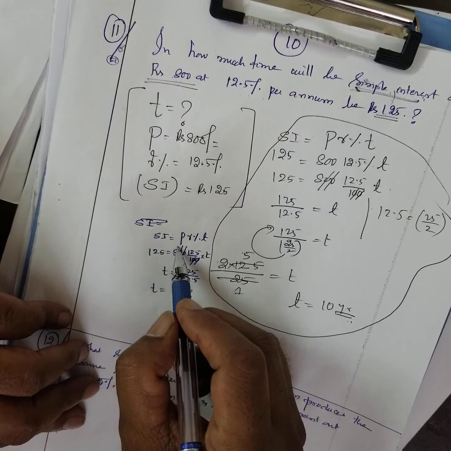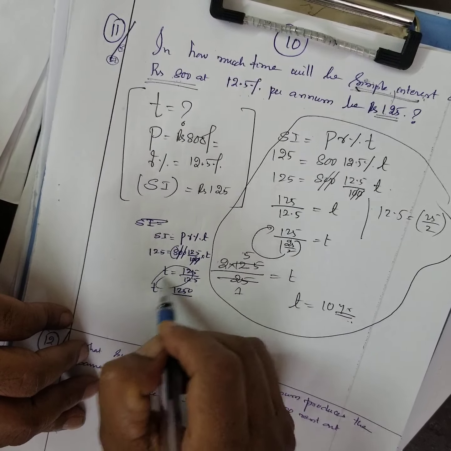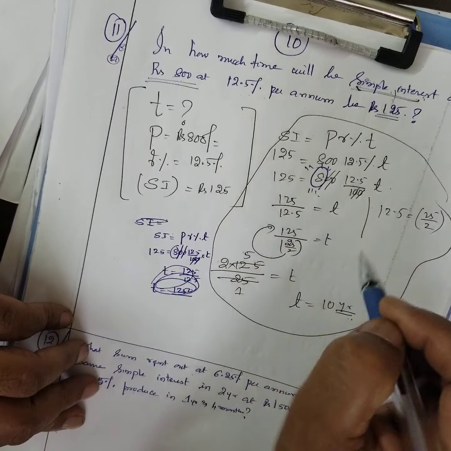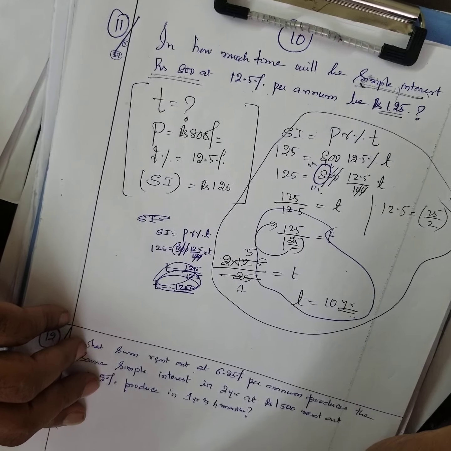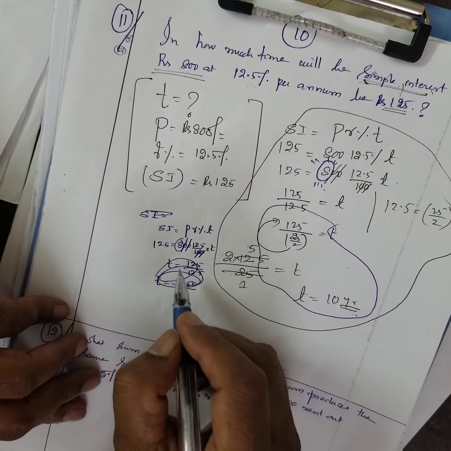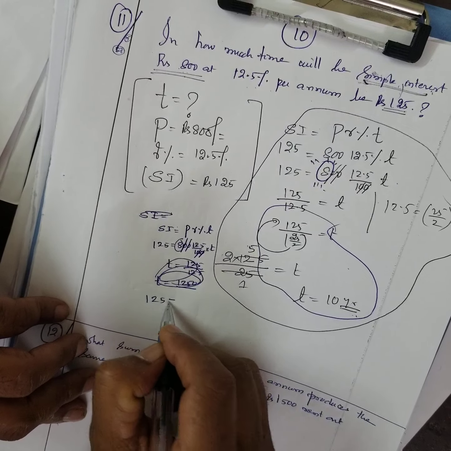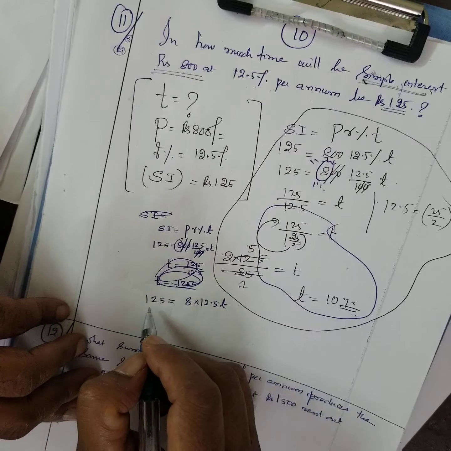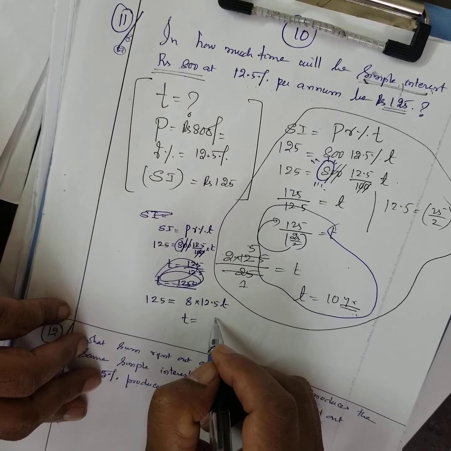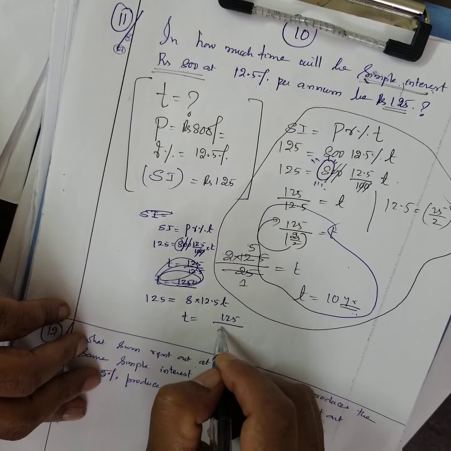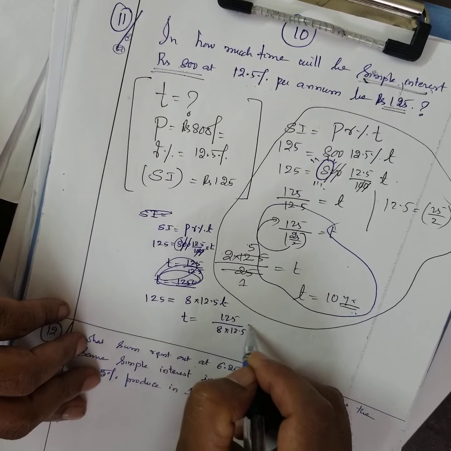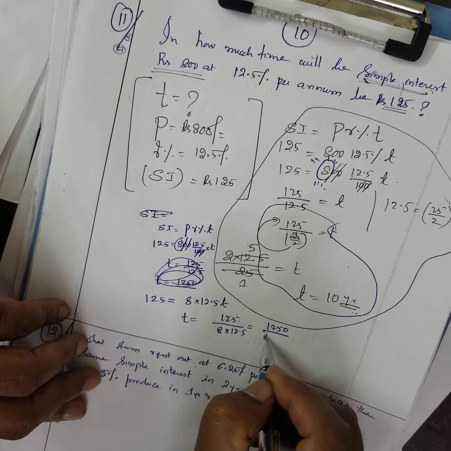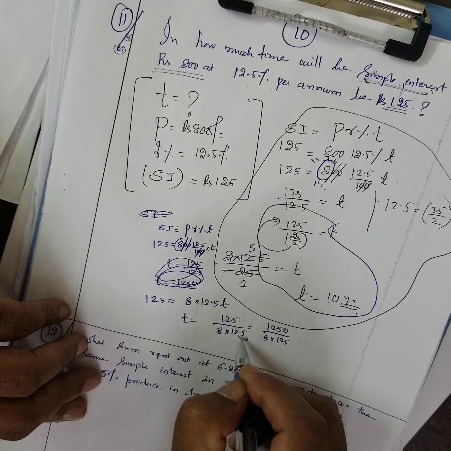Then what we did, this 8 I forgot. See, that is another big mistake. Here I forgot that 8. The calculation will go wrong. We went wrong here. Here you write 125 is equal to 8 into 12.5 T. Therefore T is equal to 125 by 8 into 12.5, or 125 by 8 into 125, meaning I shifted one decimal.